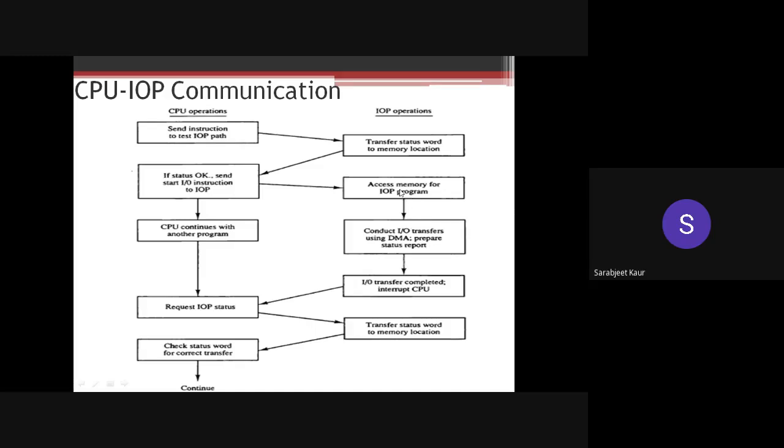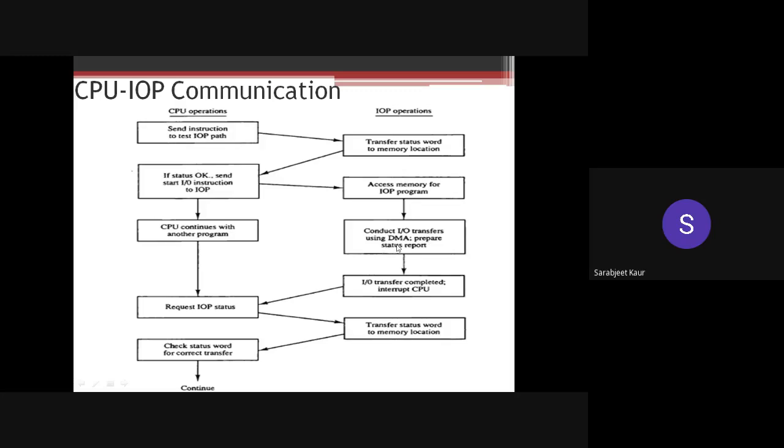After this, once the CPU has told the IOP to do the IO transfer, it goes on to do its own work with the other programs. Okay, and in the meanwhile, the IOP conducts the IO transfers using DMA.